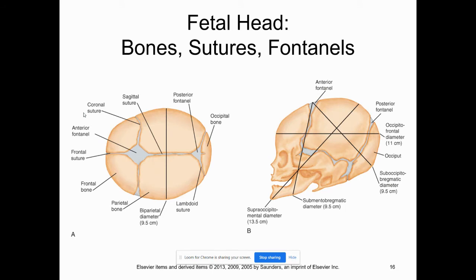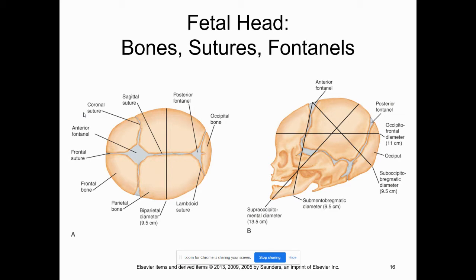So looking at the fetal head, very importantly, babies have the ability to override the bones of the skull. Through compression through the vaginal canal, those bony plates can override each other and make the dimension a little bit smaller. But remember I showed you that one diameter of the mom's pelvis was 13.5 centimeters, and the other diameter was 11.5.